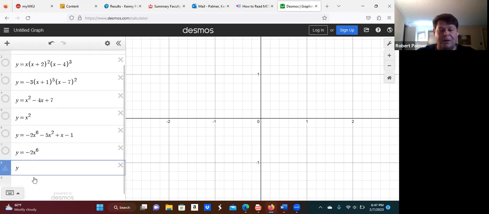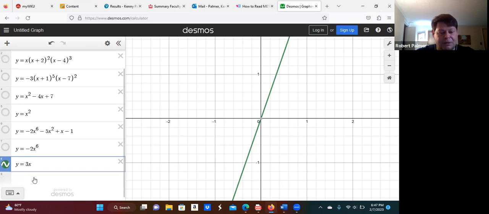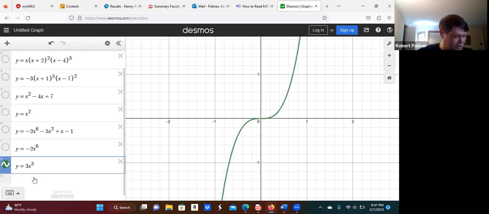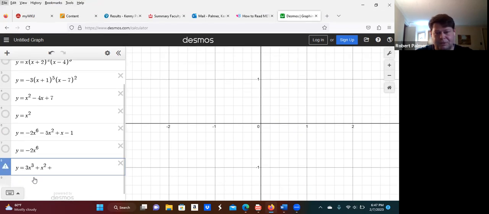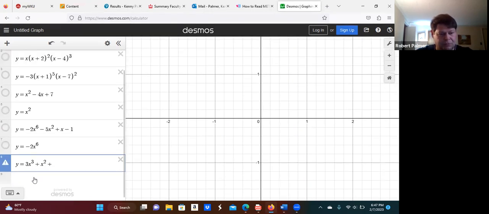And so this is y equals 3x cubed plus x squared plus x. Now, once again, as we see, that's what happens.